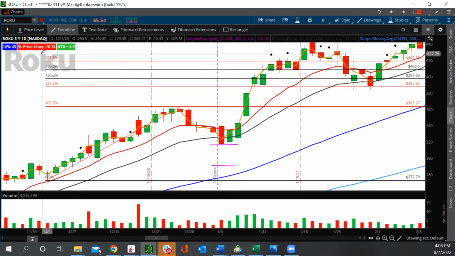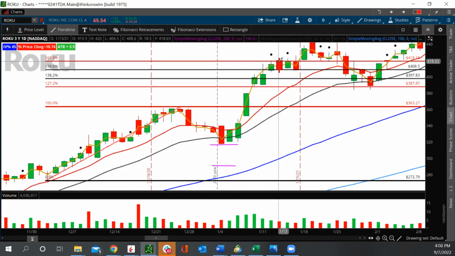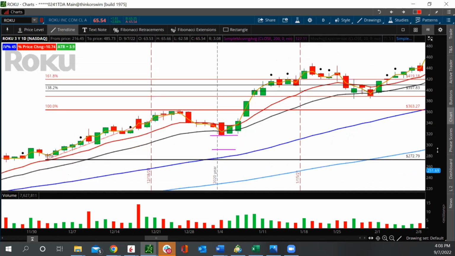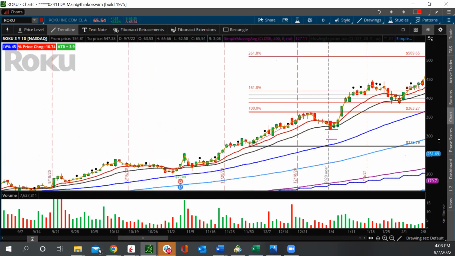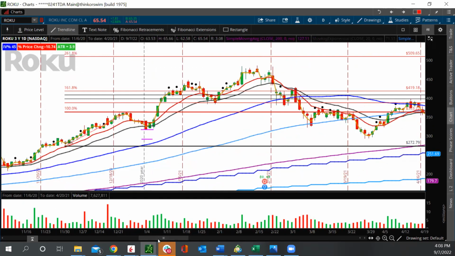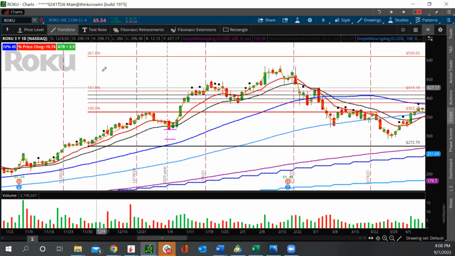Next level after that is 161.8. And then you could take some off here. And then ultimately, you'll see that it makes a big jump here, but the next target beyond the 161.8 is the 261.8. Now, it didn't hit it, but that would have been the ultimate target, okay, if it was going to run like that.